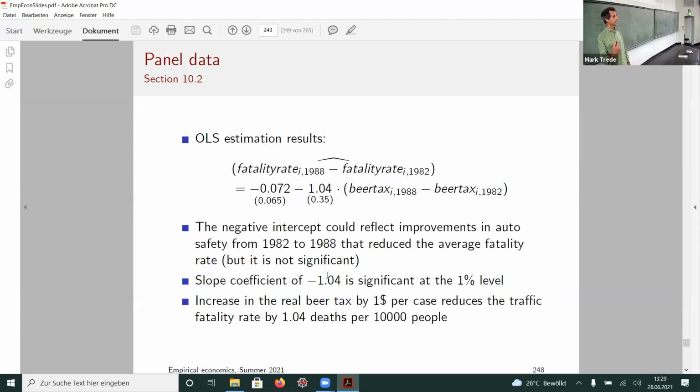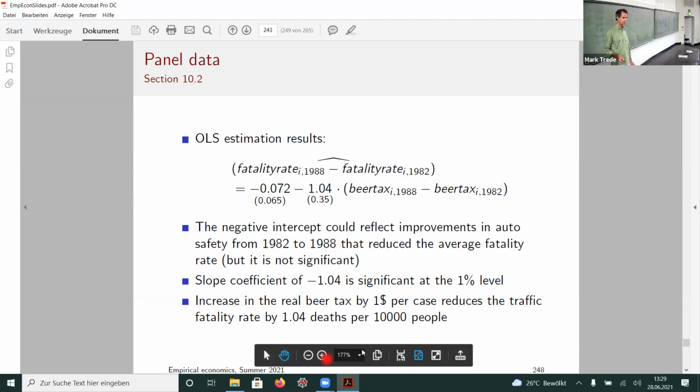The slope coefficient is significant. So we do find evidence that increasing the beer tax is good for lowering the fatality rate. And actually, it also gives us the amount of deaths which are saved here.